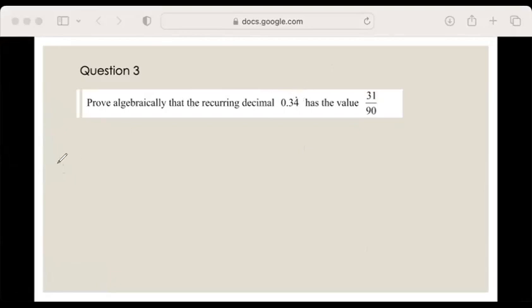Because they are saying algebraically, and algebra means using letters, you take this number, 0.34, and substitute it with an algebraic letter, maybe let's say x. So if 0.34 is x, the next step is to see how many recurring places there are, and based on that, we multiply this by different numbers.